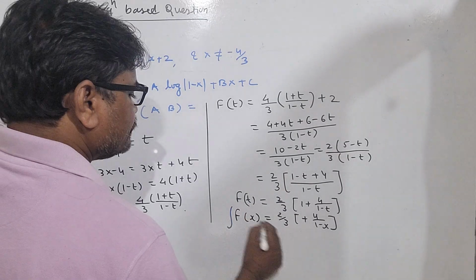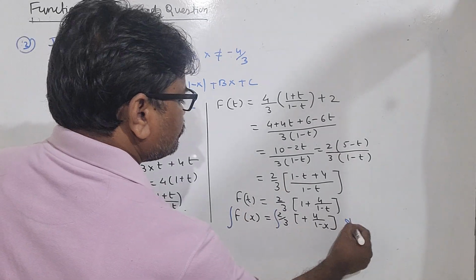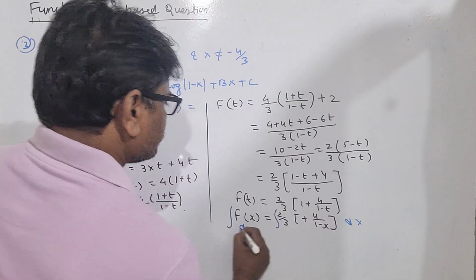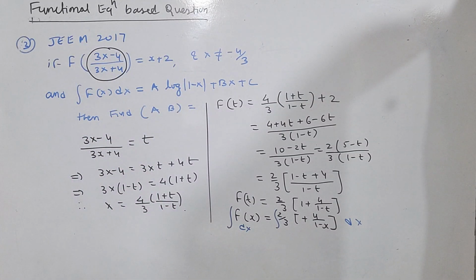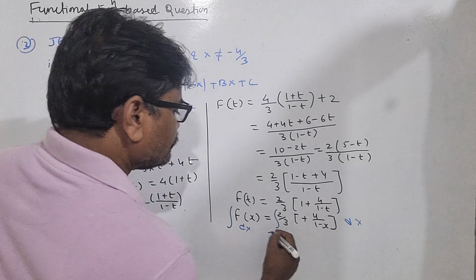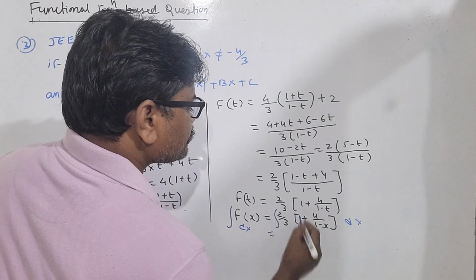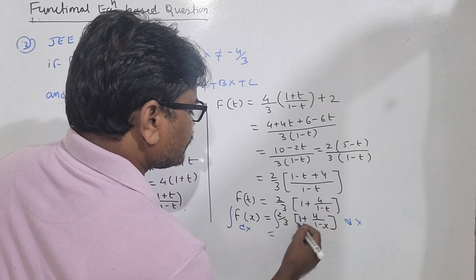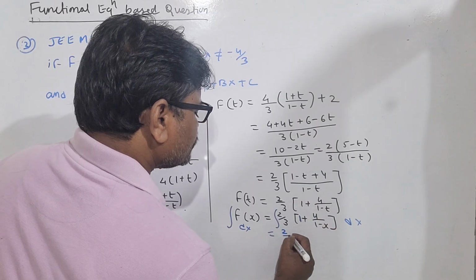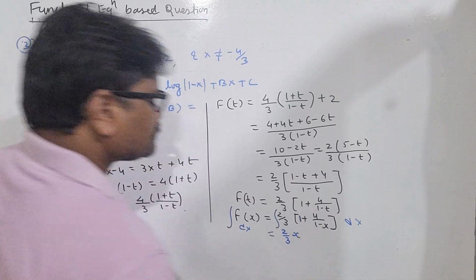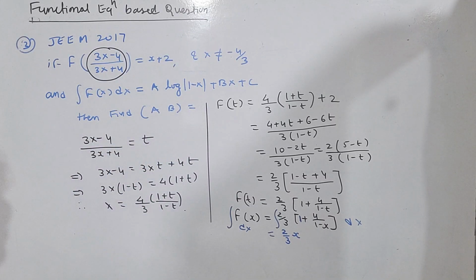So integrating with respect to x. Clear? So therefore that is equal to, see here 1 is there, 1 plus 4 by (1 minus x). Integration of 1, and 2 by 3 will come outside. So this is 2 by 3 into x. Got it? 2 by 3 into x.